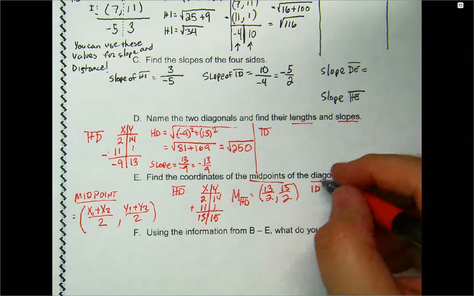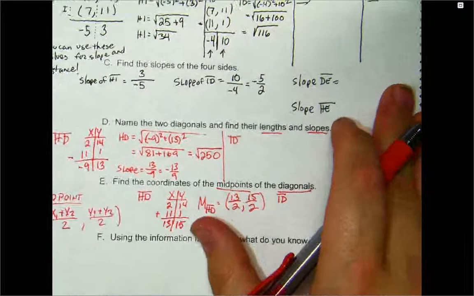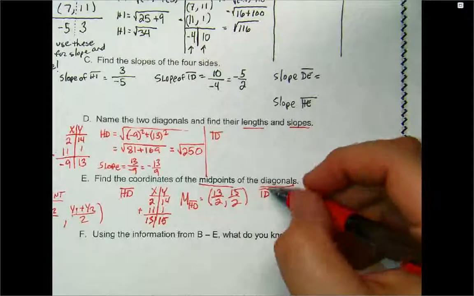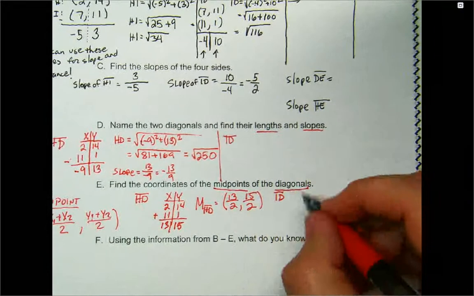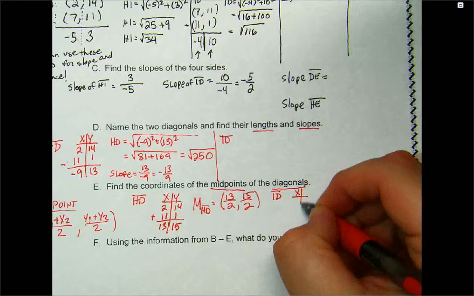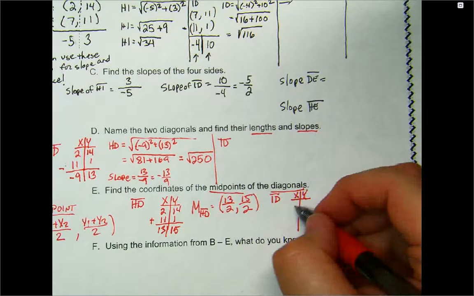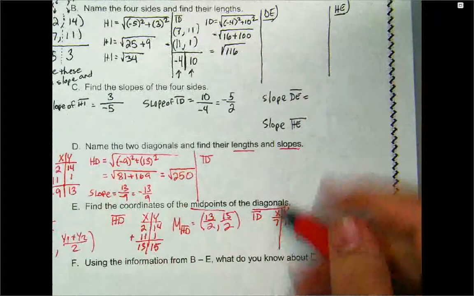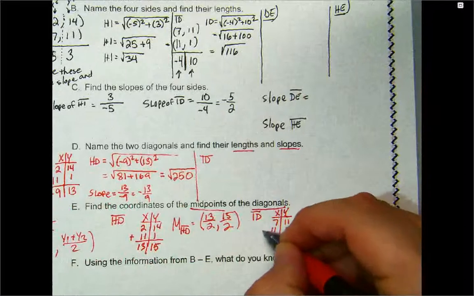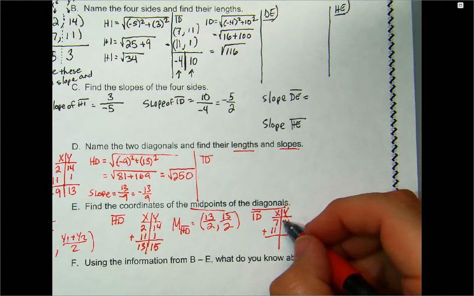Now for the second diagonal, we could do the same thing. 7, 11 is the coordinate from I, and E is 6, 4. Add those. Excuse me, it's not ID, it's IE.